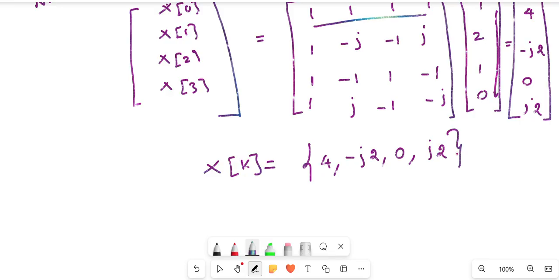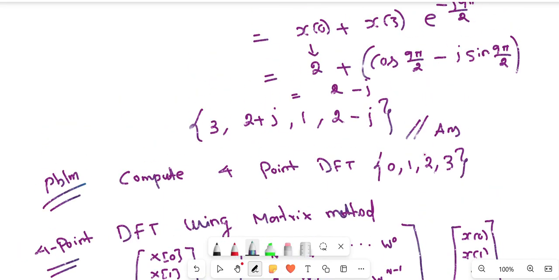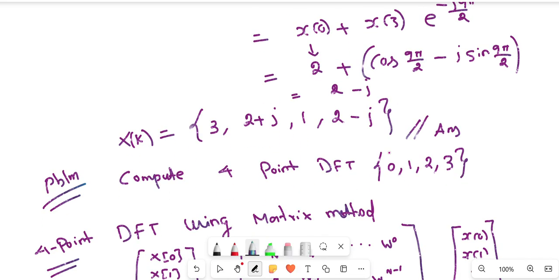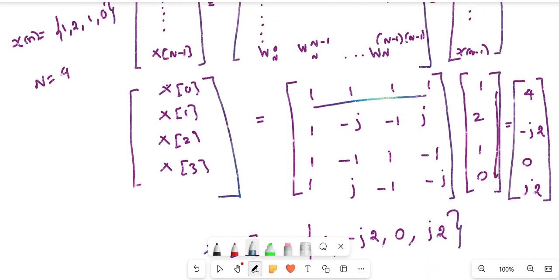Similarly for DFT, what is the DFT matrix method? This is x of k, the 4-point DFT using the matrix method.